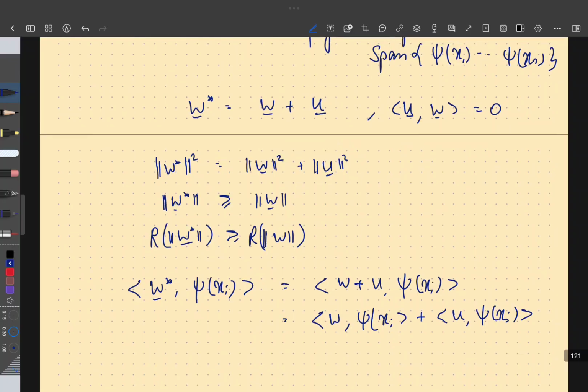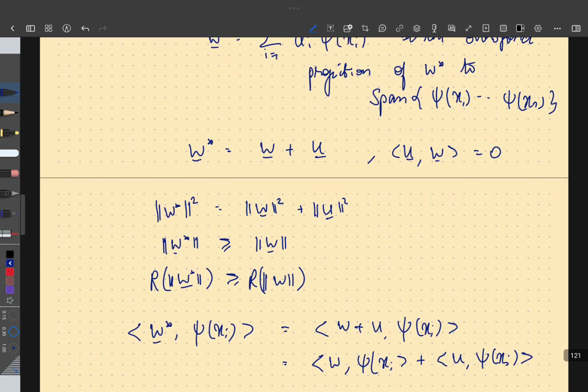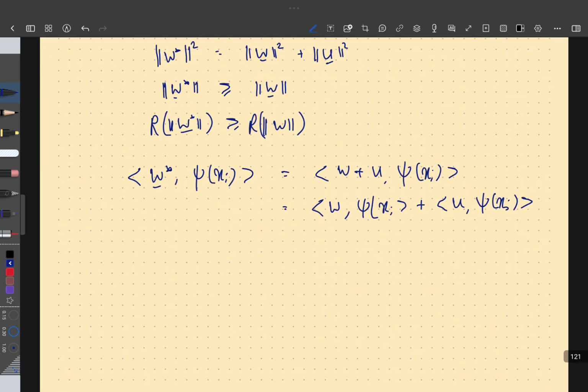By definition, what is u? Yes, u lies in the orthogonal complement of the span of psi of x1 through psi of xn. So the inner product between u and any psi of xi should be equal to 0. So this is equal to the inner product between W and psi of xi.